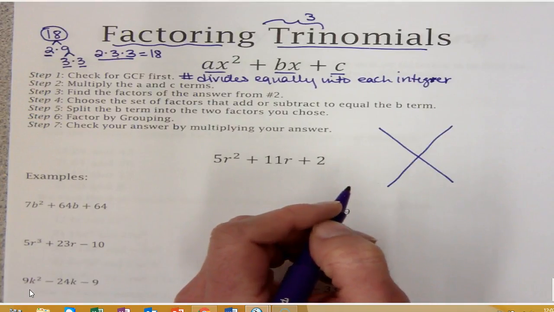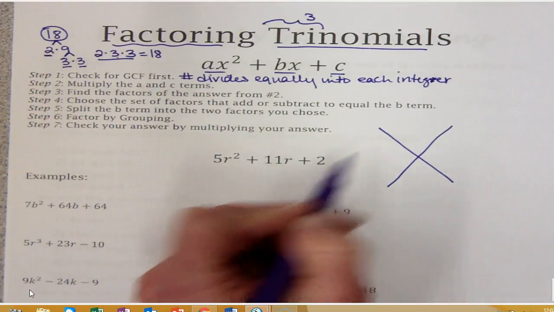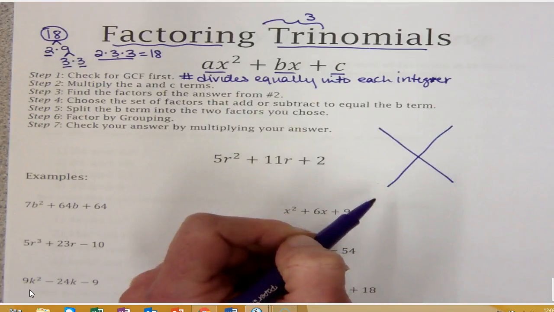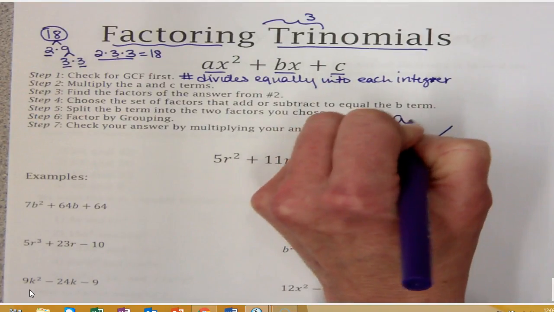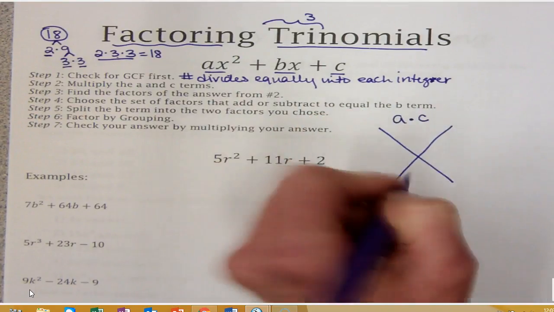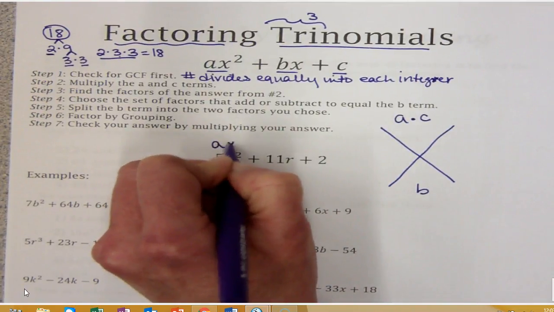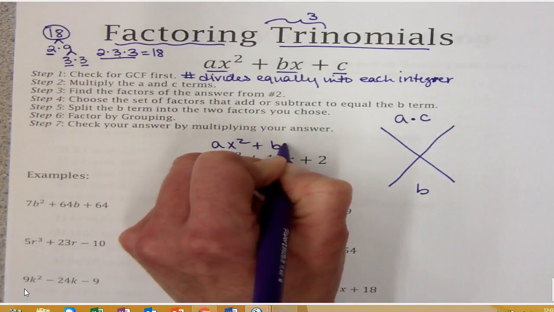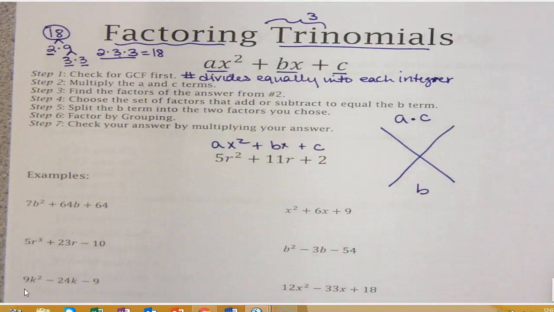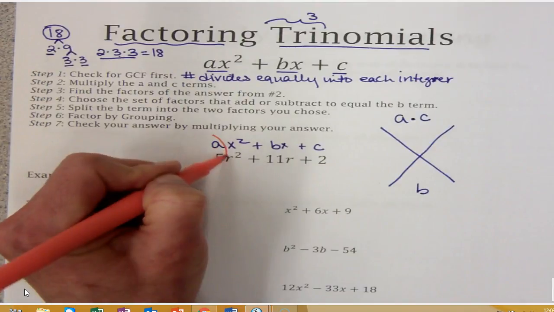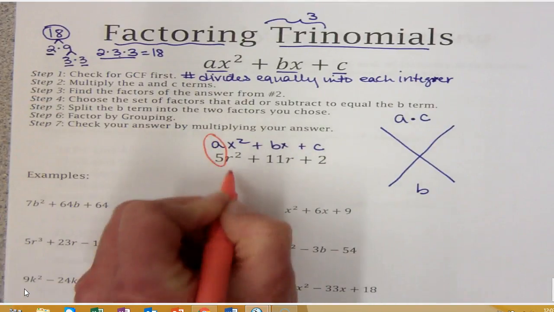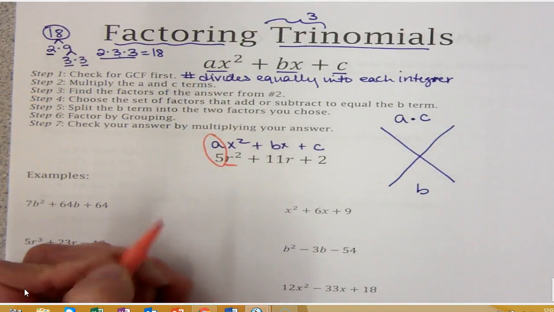After determining that there's no greatest common factor, I create my x, and I put my a times c term up here, and my b term here. So this is ax squared plus bx plus c. My a term is the number in front of the squared variable.